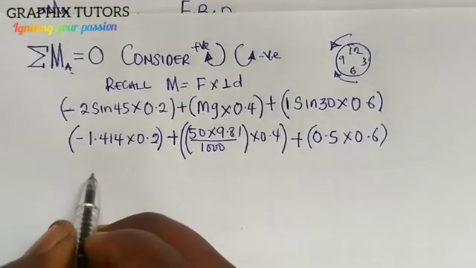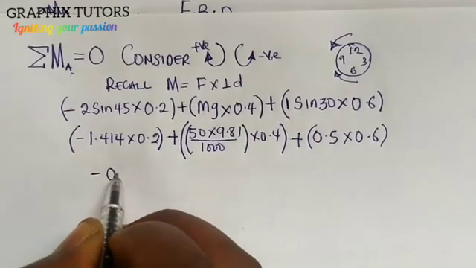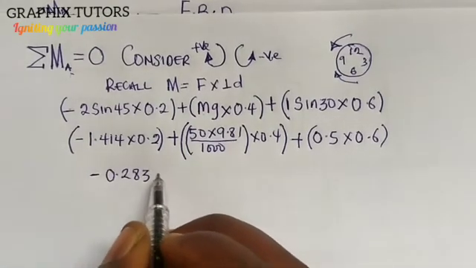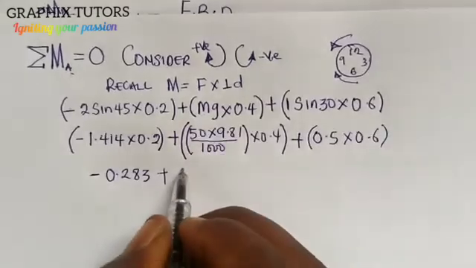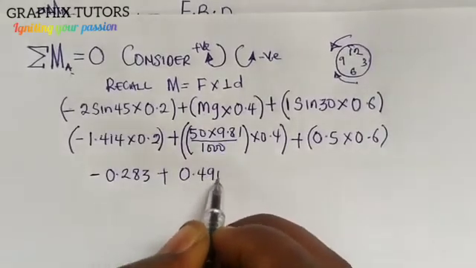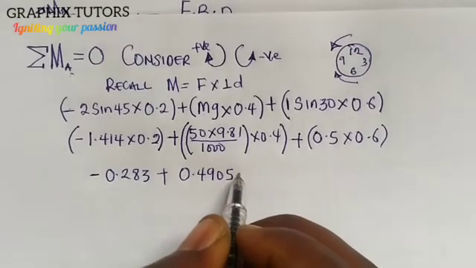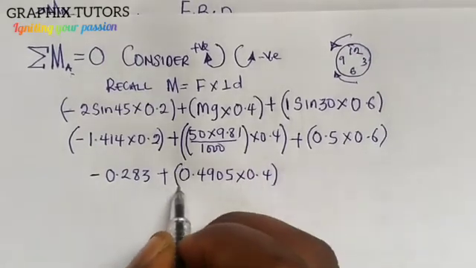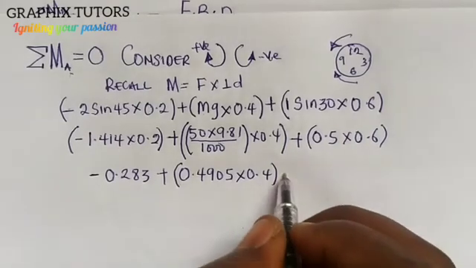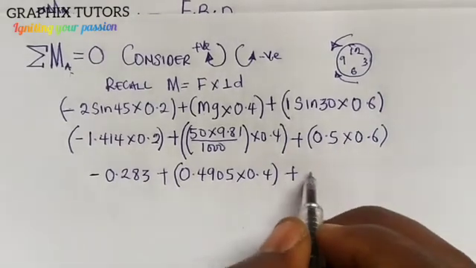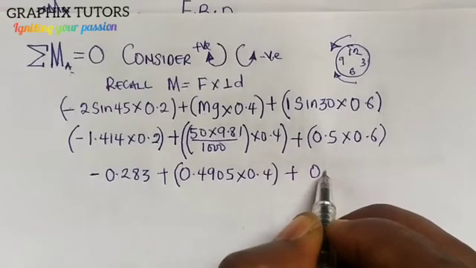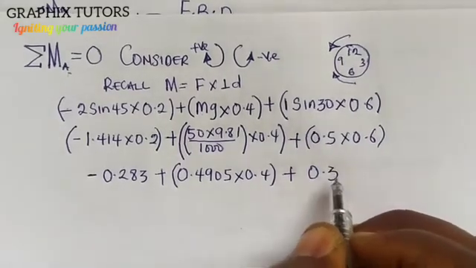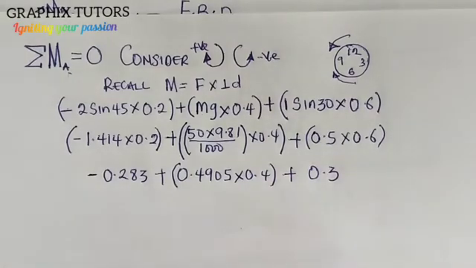So this will give us negative 0.283, right? Plus everything here will give us 0.4905 times 0.4, right? So plus 0.5 times 0.6 will give us 0.3, right? So we're moving forward.